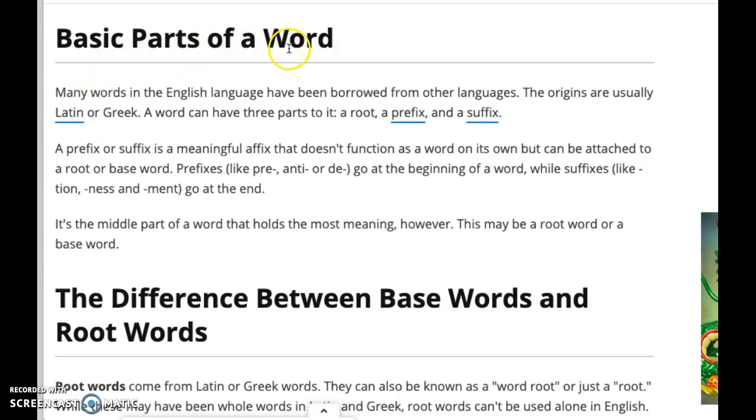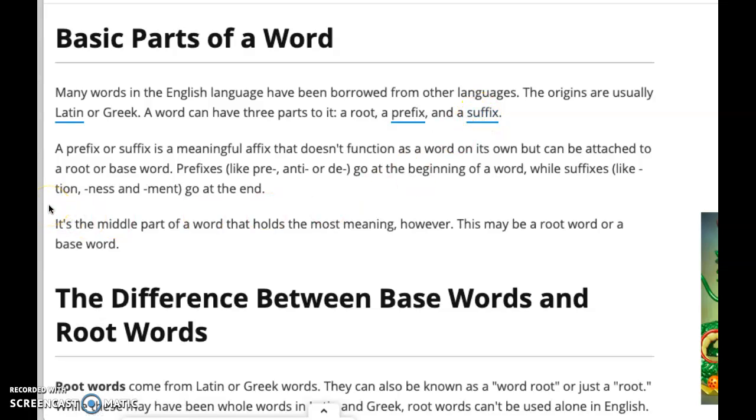Basic parts of a word. Many words in the English language have been borrowed from other languages. The origins are usually Latin or Greek. A word can have 3 parts to it: a root, a prefix, and a suffix.